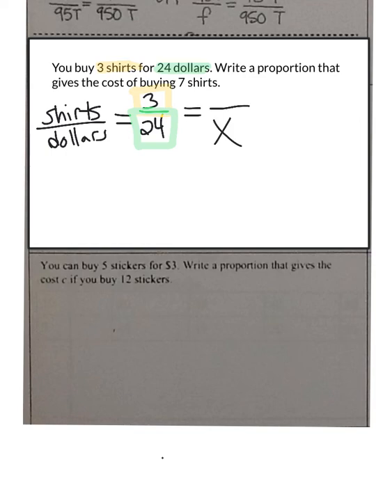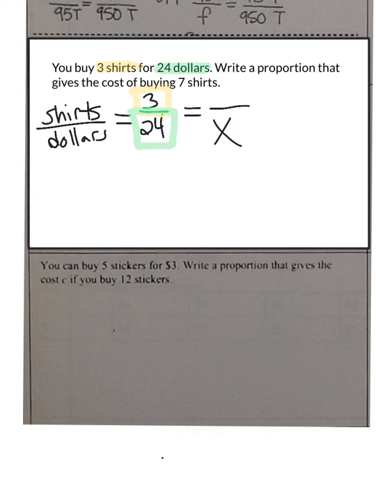Okay, listen carefully. This is very important. If you can see here, I put my X on the bottom. The reason I did it is because my dollars are on the bottom, okay? So everything that has to do with dollars has to stay on the bottom. Everything that has to do with shirts stays on the top. If you reverse them, you're not going to find the proportion. You're just going to find something weird, okay? So dollars are on the bottom. It says, what is the cost?